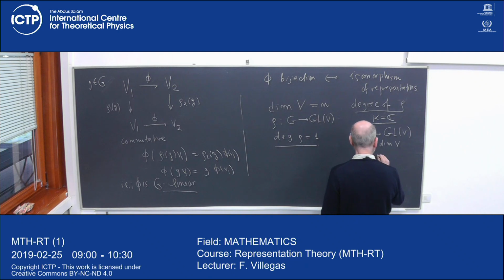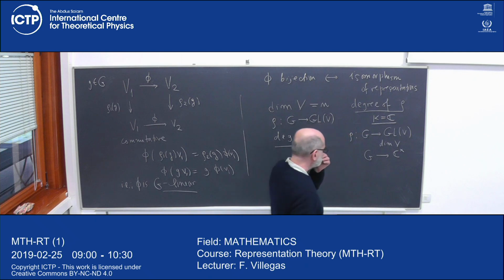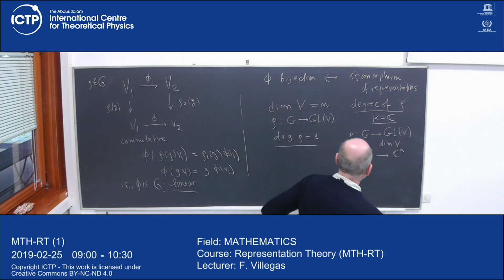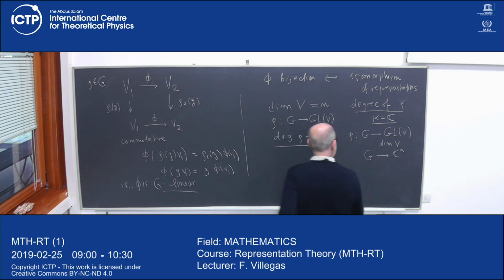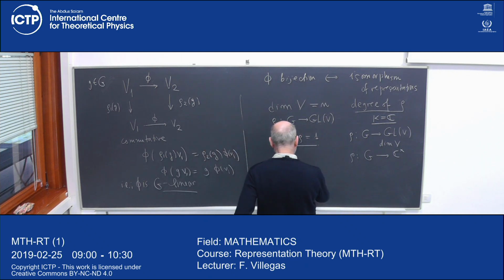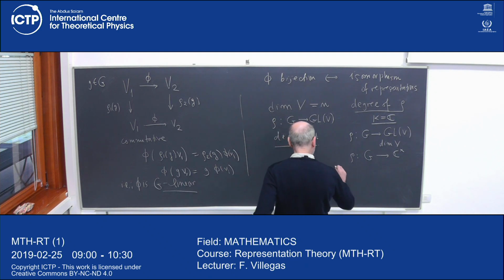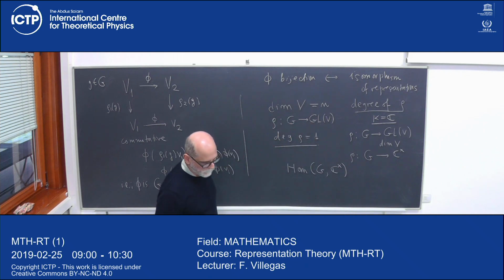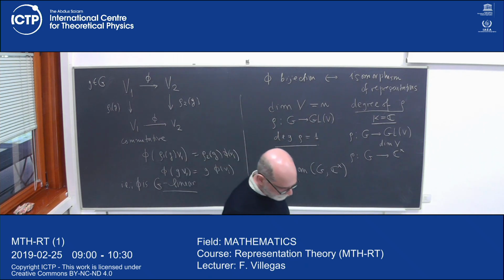So what we have is simply G maps to C star, and this is a homomorphism. So representations of degree 1 are simply homomorphisms from G to C star.